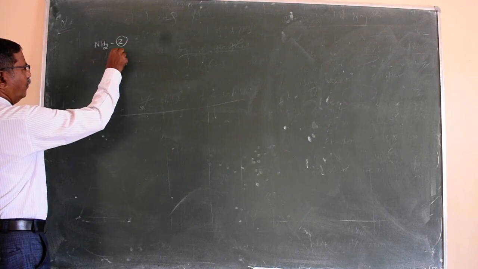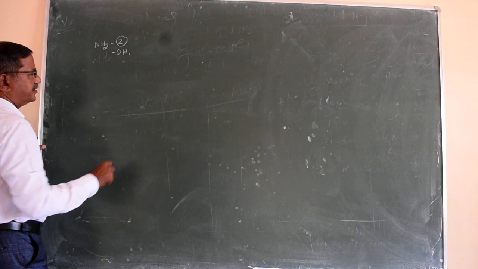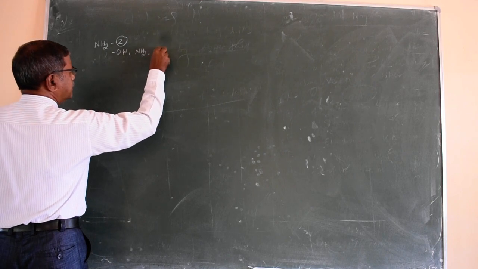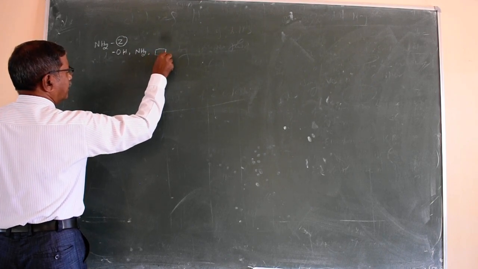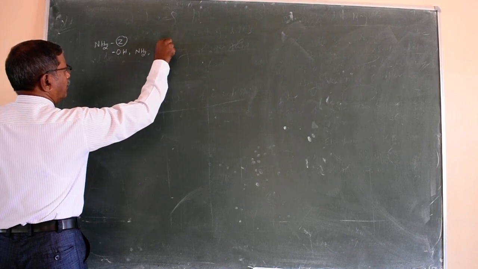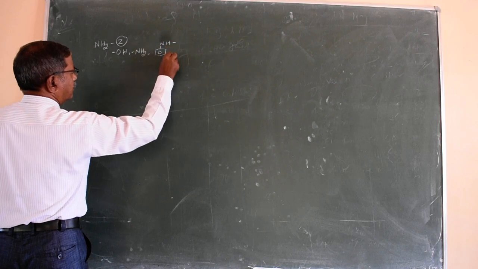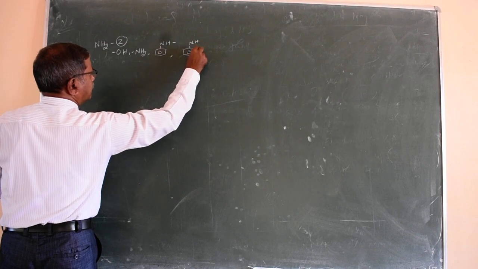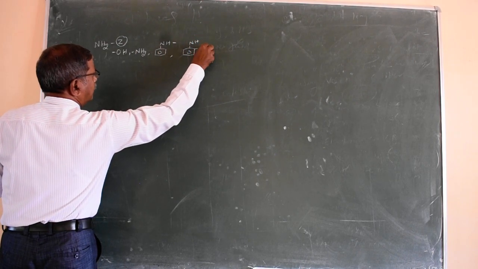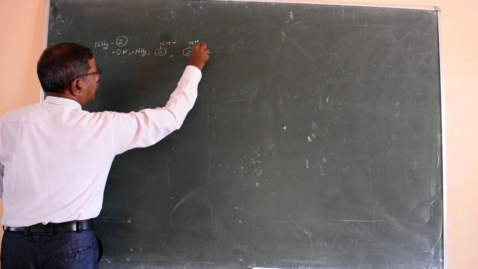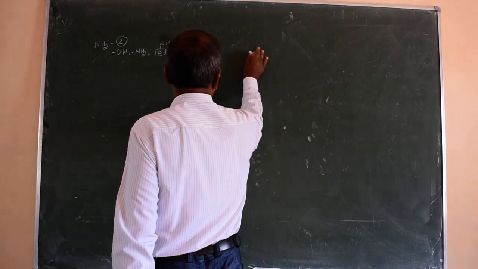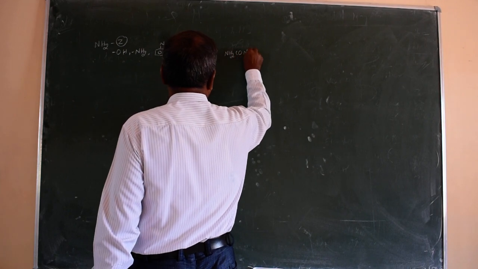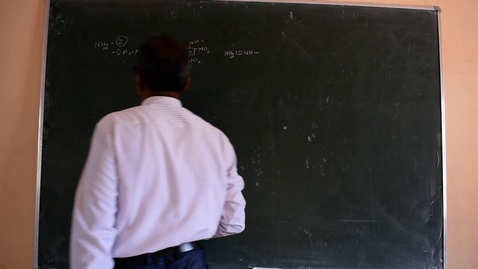So this Z may be OH, this Z may be again NH2, this Z may be C6H5NH, or it may be C6H5NH NO2, or it may be NH2CONH.